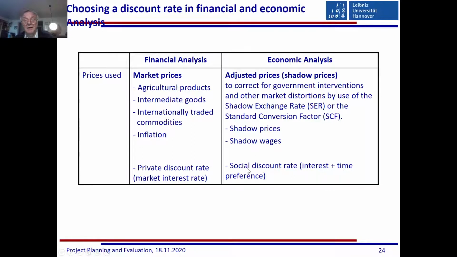And then we have something like a social discount rate, the interest plus time preference. The interest is somehow the result of some market process, and the time preference, of course, in a way also. But in the social discount rate we would have to consider the patience of the society.